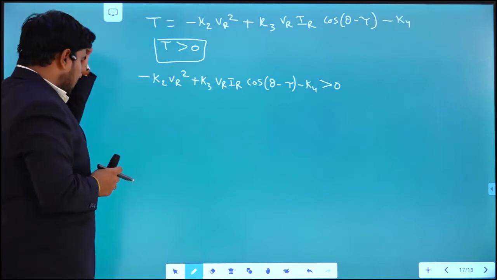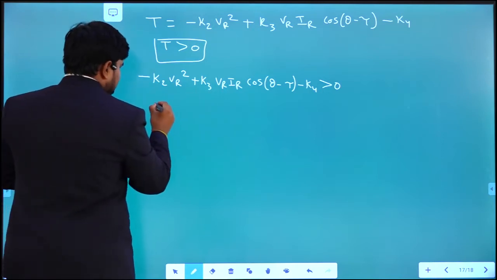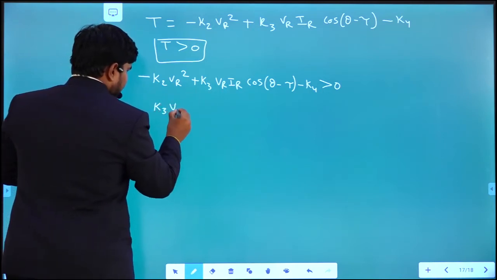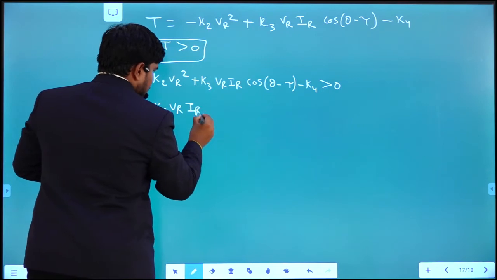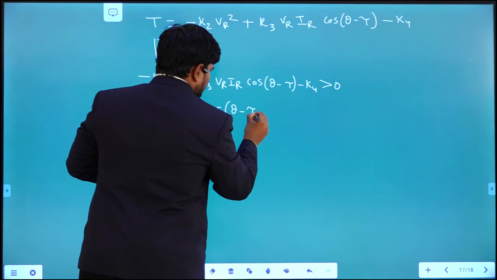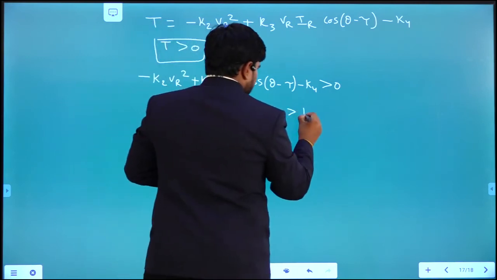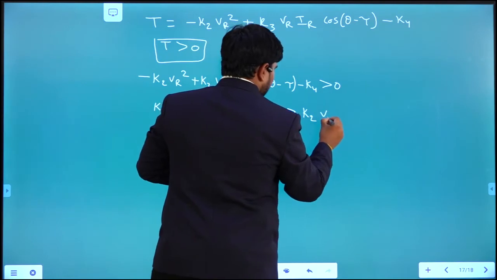That means a trip signal. Now here I am modifying these terms. K3 VR IR cos of theta minus tau minus K4 should be greater than K2 VR square.